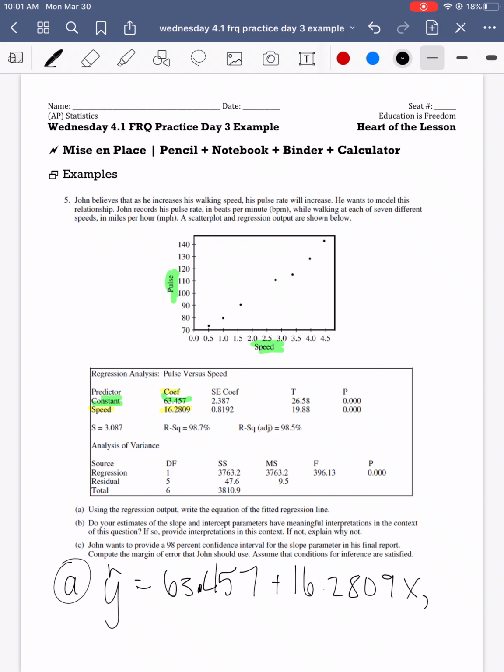I know it doesn't ask you to describe the variables, but this is a good place to do so because it demonstrates that you know what y hat and x are representing. So this is our equation where y hat is the predicted pulse and x is the speed.